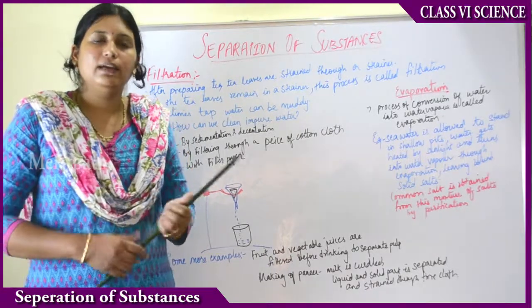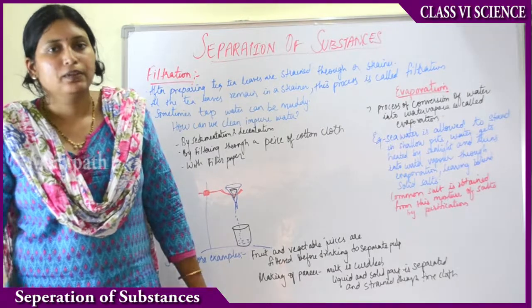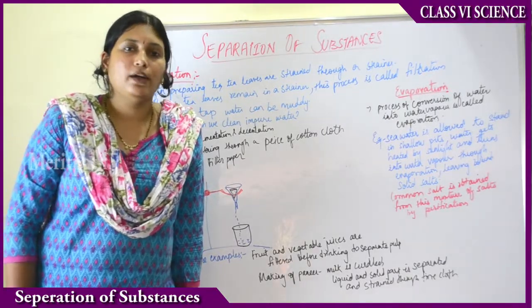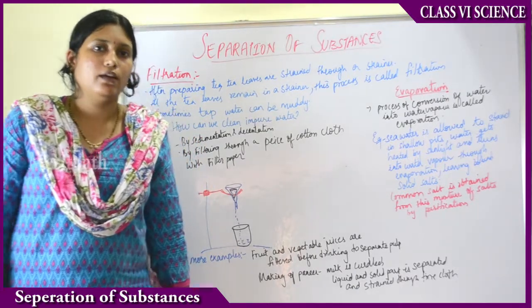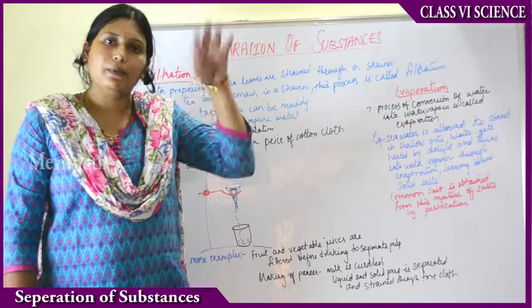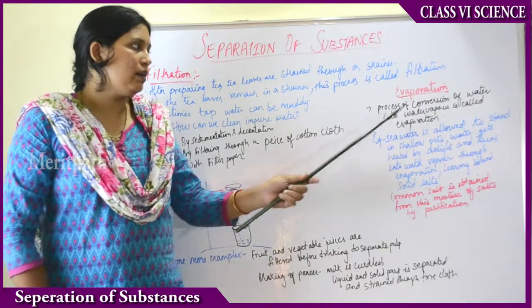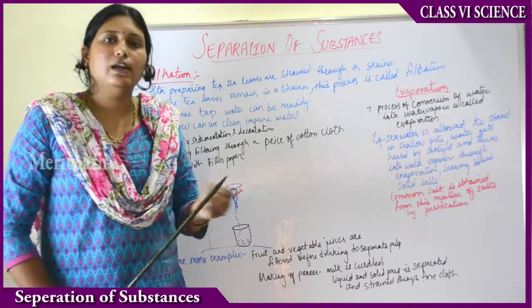In a pan, take a glass of water, add 2 or 3 teaspoons of salt, and heat the pan over the flame. After some time the water reaches the boiling point, 100 degrees centigrade. Then the water starts to convert into water vapor or steam and evaporates into the sky, leaving the salt behind. So that is one method of evaporation, the separation of substances, separation of salt and water.